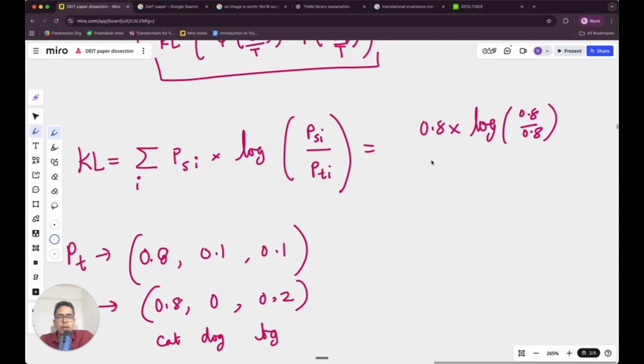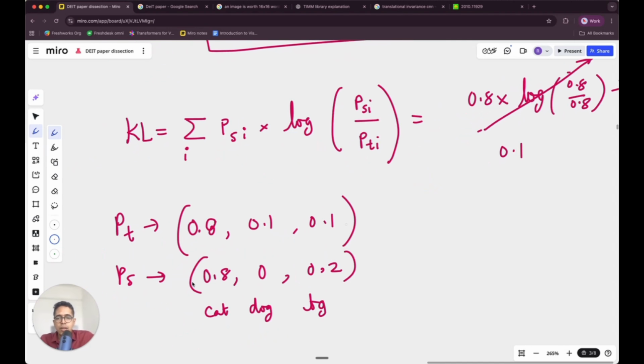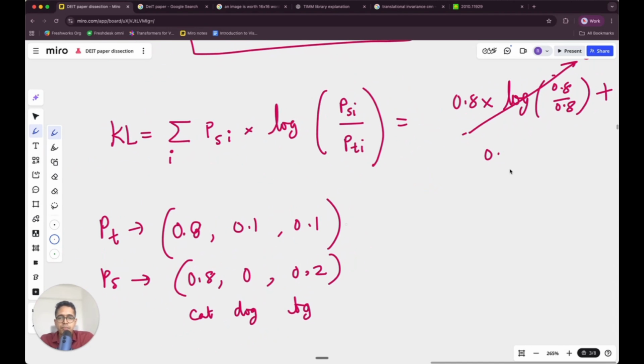The logarithm of 1 is 0. So this whole item will become 0, plus 0, the student's second item, multiplied by PSi divided by PTi.